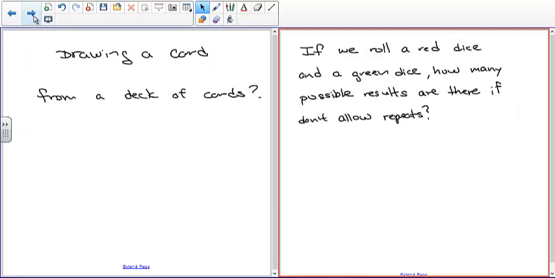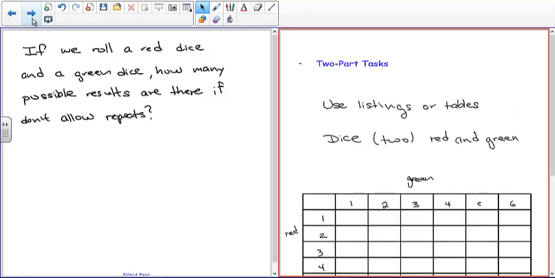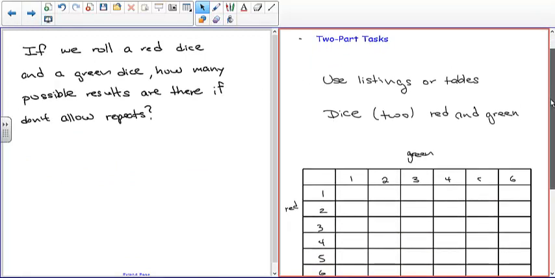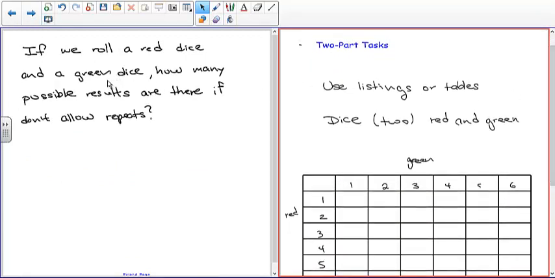So the way we would do this is we would come up with some organized way, and here we actually have a 2-part task. We're going to roll a red dice and we're going to roll a green dice. So we want to come up with some systematic way of coming up with all the different possibilities.